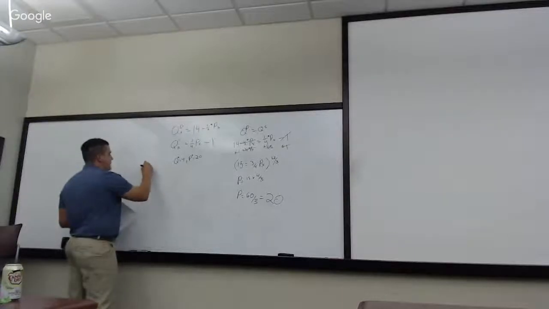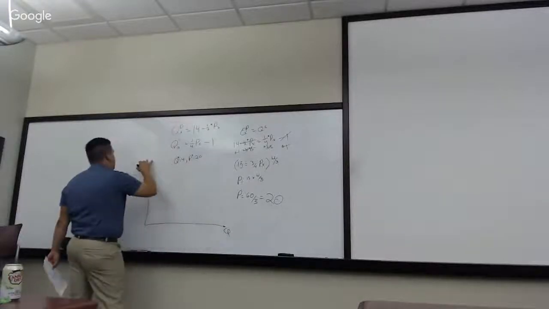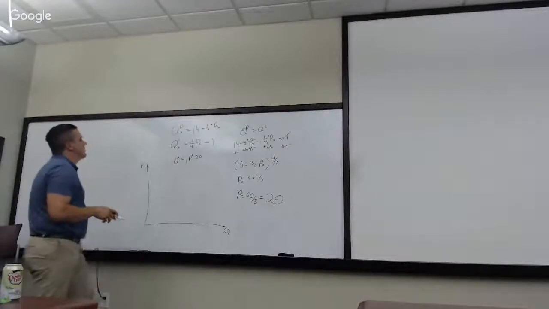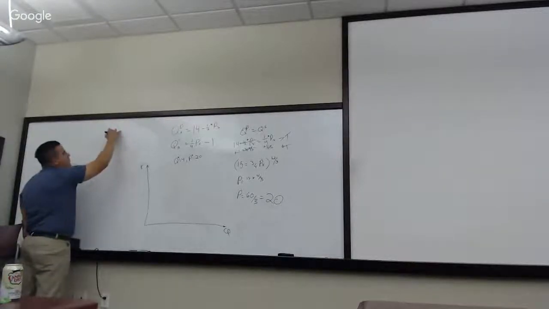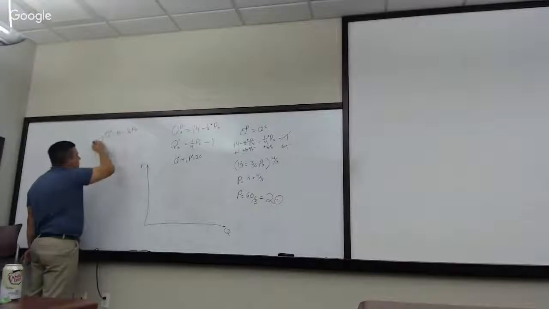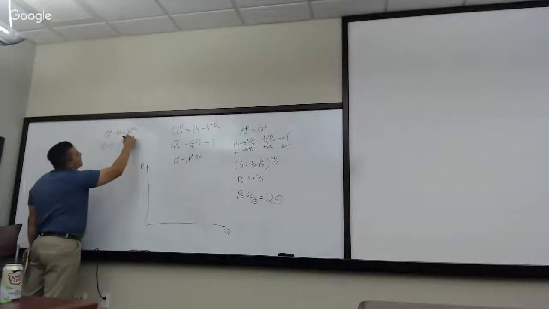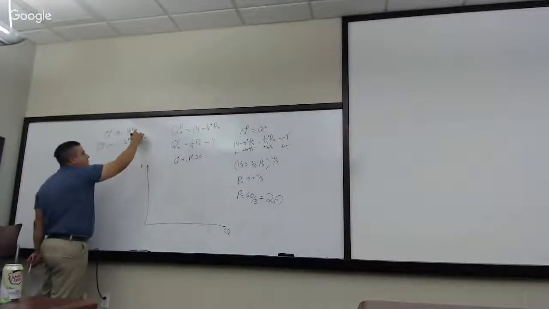So let's show this graphically. Quantity, price. We got to transpose these into graphical functions. So quantity demanded is equal to 14 minus 1/2 P of X. Subtract over the 14. We get quantity demanded minus 14 is equal to negative 1/2 price of X. We can multiply this whole equation by -2.